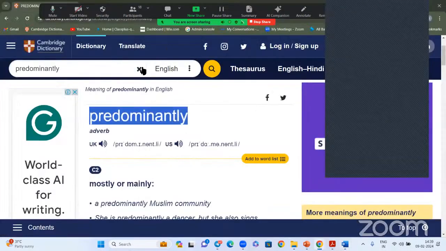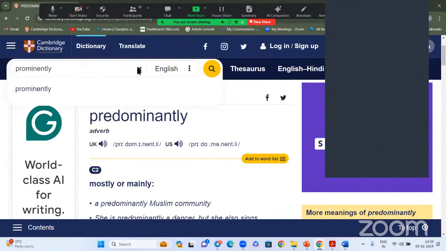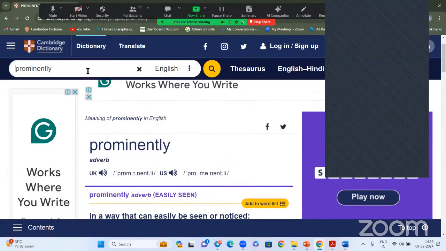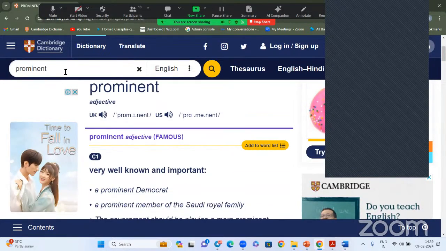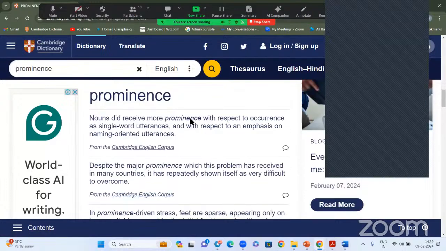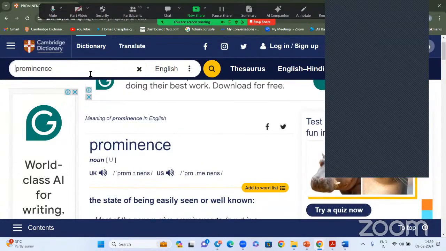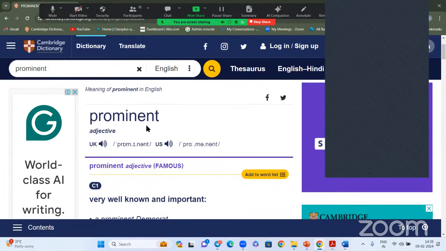Then what are the other words? I'll give you a number of such words. Prominent. I already taught all these words. Prominent is C1. Prominence. So prominence, prominent. Prominent is C1, so prominently goes to C1. Yeah, use prominent. Use the better ones. First try to use C2 vocabulary because they will give you an A grade.